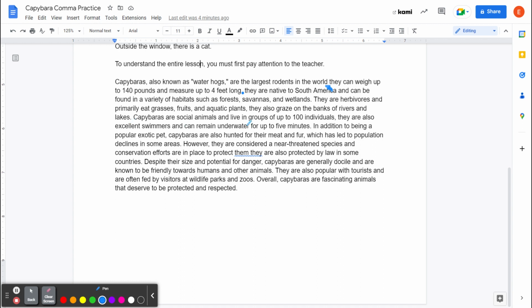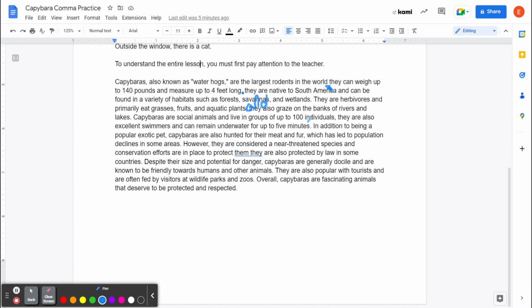That's also a complete thought. So what I would do here is I would probably write 'and.' I would add a conjunction here to help this sentence cohere together a little bit better, help glue it together. Capybaras are social animals and live in groups of up to 100 individuals. They are also excellent swimmers and can remain underwater for up to 5 minutes.